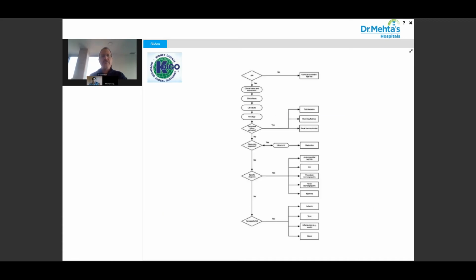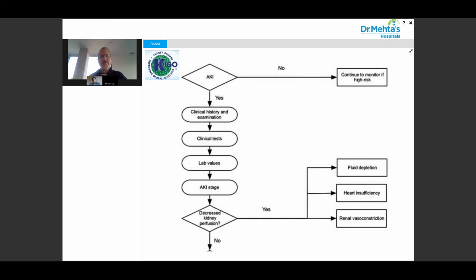So I'm going to go through the KDIGO algorithm for how we think about acute kidney injury, and there will be some editorial comments based on pediatric considerations. So if a patient is high risk, but they don't have AKI, continue to monitor them, especially in the first 7 days, as I showed you before.